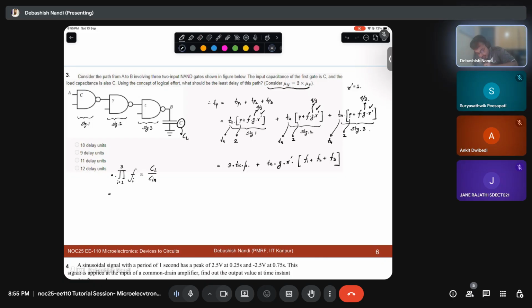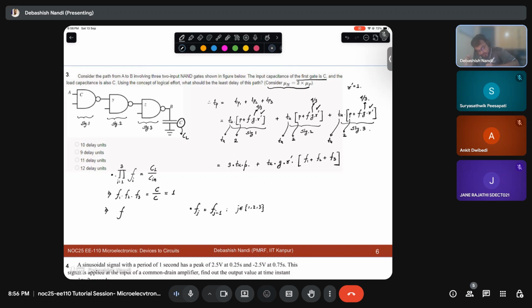So basically what am I telling? F1 times F2 times F3 should be CL, which is your C, and the input capacitance is also mentioned as C. So that is 1. And also from inverter sizing we know that f of j should be equal to f of j minus 1, where j belongs to 1 to 3 in this case.